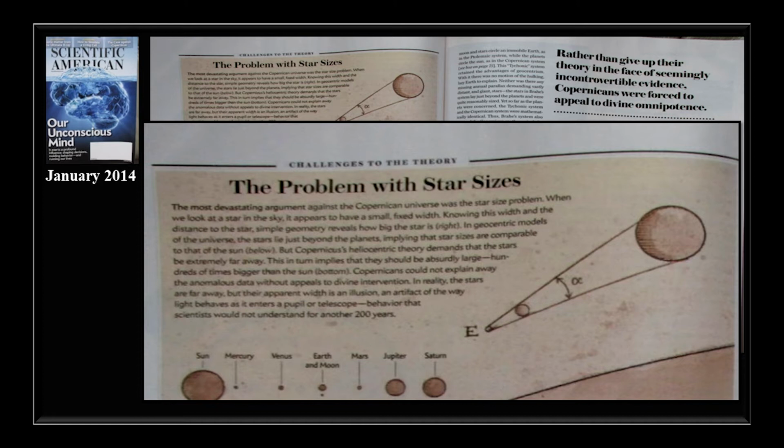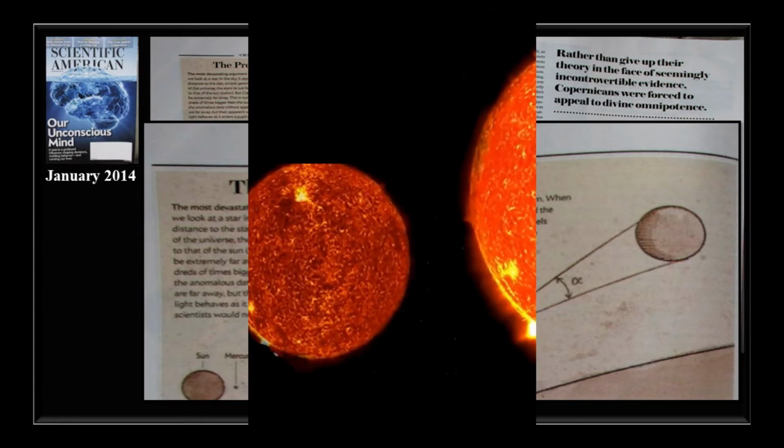In geocentric models of the universe, the stars lie just beyond the planets, implying that star sizes are comparable to that of the sun. But Copernicus's heliocentric theory demands that the stars be extremely far away. This in turn implies that they should be absurdly large, hundreds of times bigger than the sun. Copernicans could not explain away anomalous data without appeals to divine intervention.